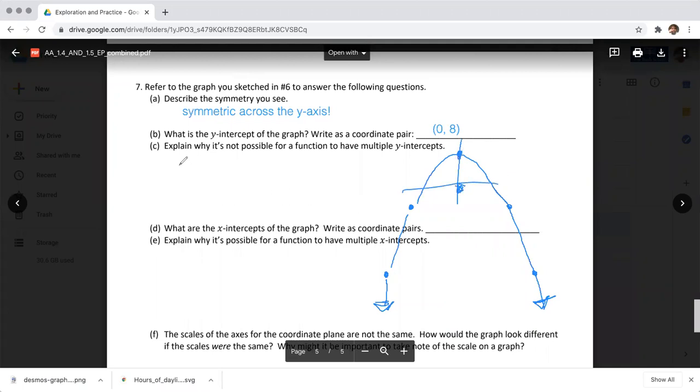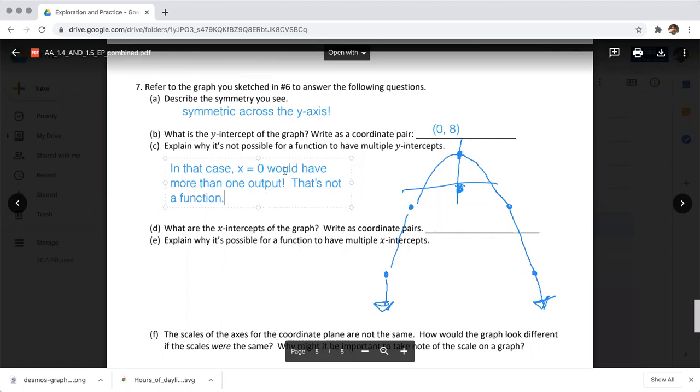And that basically means that it wouldn't be a function because in that case, x equals 0 would have more than one output. That's not a function, right? You can't plug in 0 and get out two different things, then it wouldn't be a function.